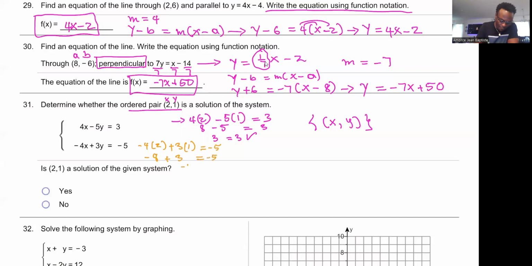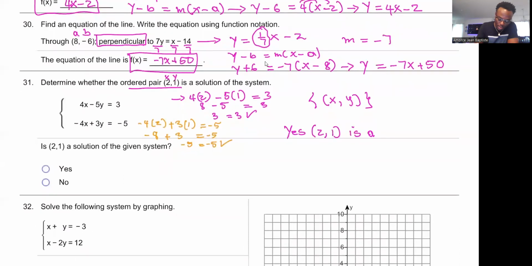And then I see negative 5 over here, and negative 5 here. That's checked. And then yes, the ordered pair (2, 1) is a solution of the system.